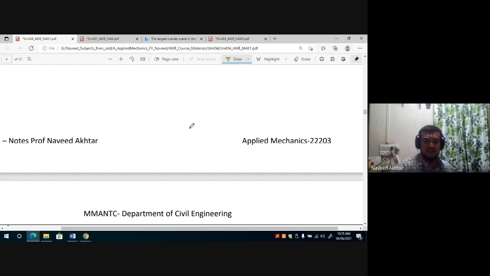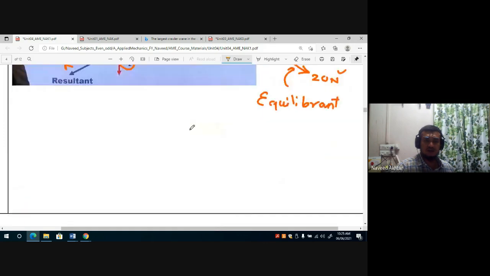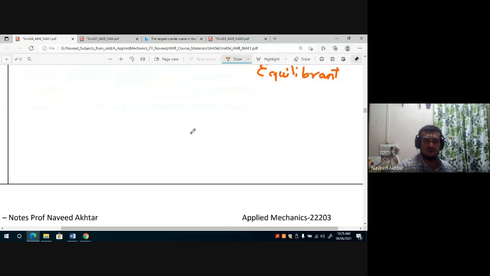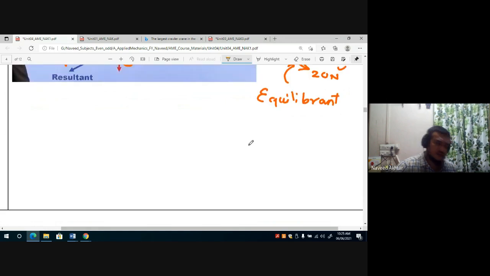What is equilibrium? Equilibrium is when the forces acting on a body keep the body at rest. It is not moving, it is balancing, and their resultant is equal to 0. That is called the equilibrium condition.